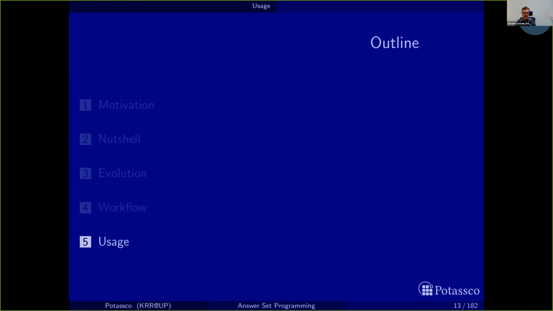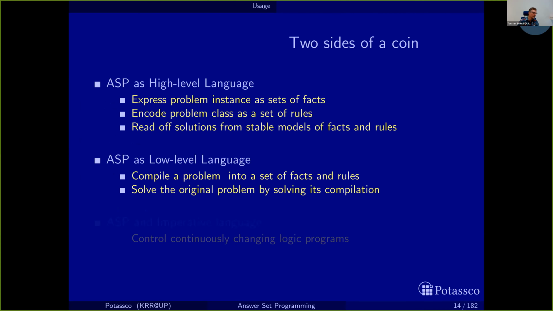So, usage of ASP. I think what most people do is use ASP as a high-level language. And there, it's important that you always write things in two components.